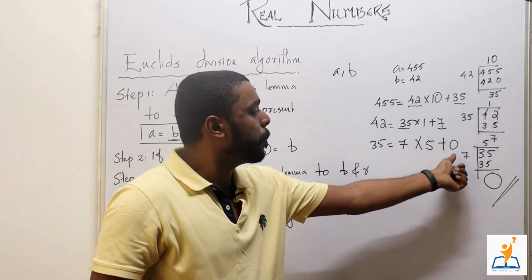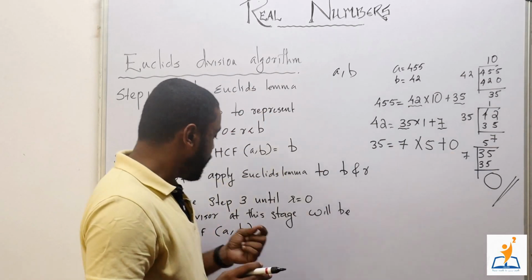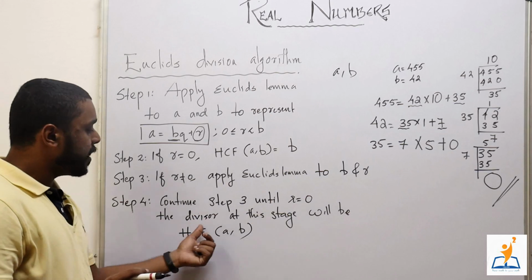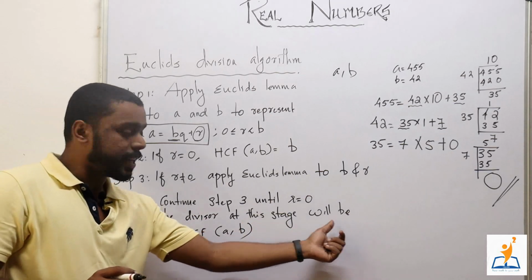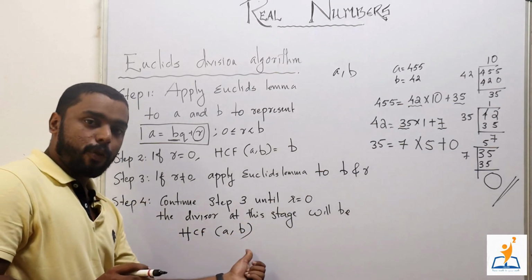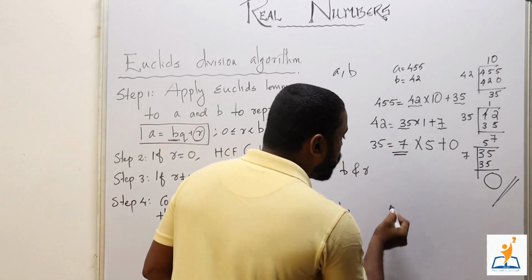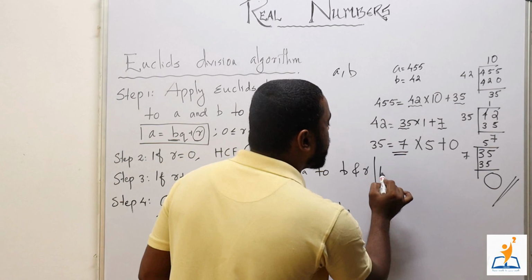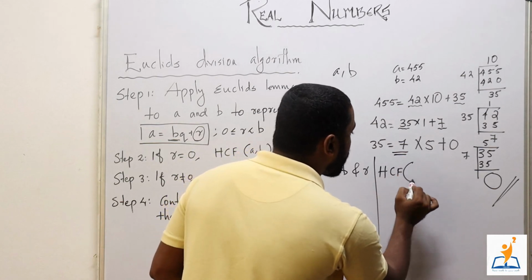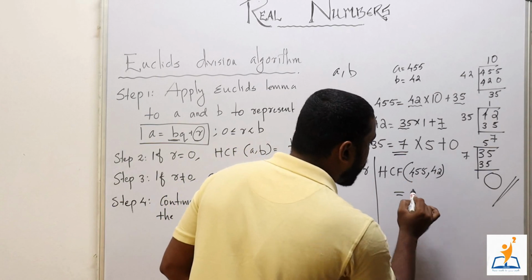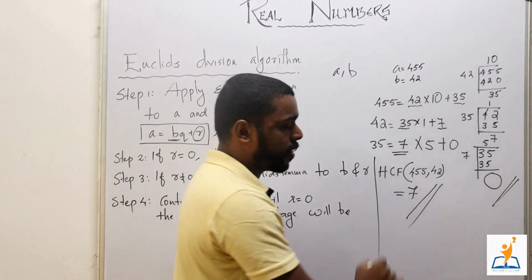See, the remainder became 0. And in this case, we can conclude that the divisor at this stage will be the HCF of a and b. The divisor at this stage is 7. So we can conclude that the HCF of 455 and 42 is nothing but 7.